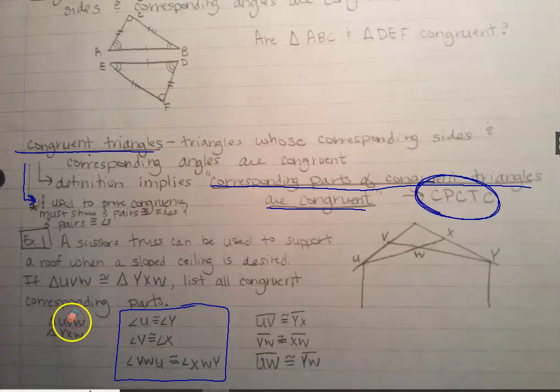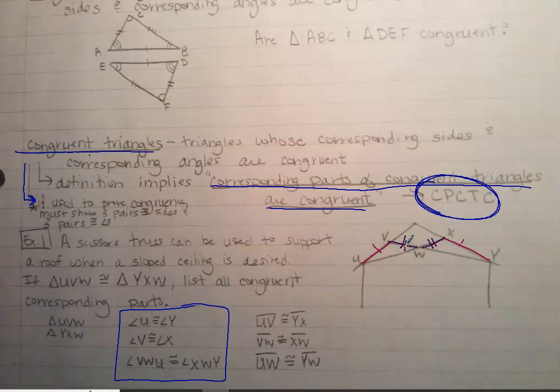So UV, because I'm looking at the first two letters, UV would be congruent to YX. Those would be congruent segments. Our next set would be VW and XW. So VW, from V to W, is congruent to X to W. So those two are congruent, and I could put two little marks there.